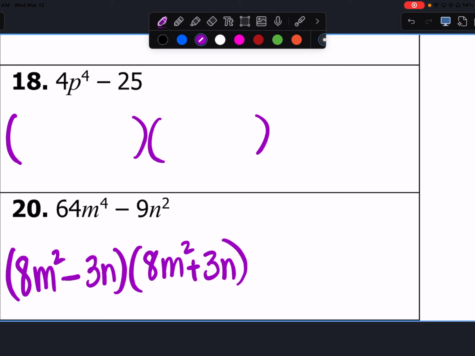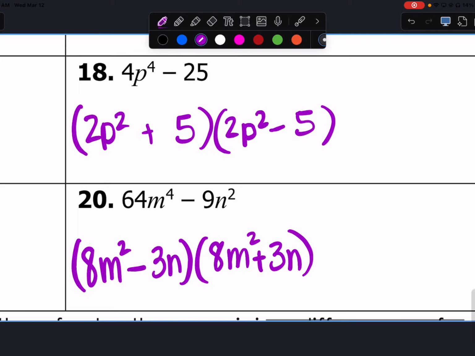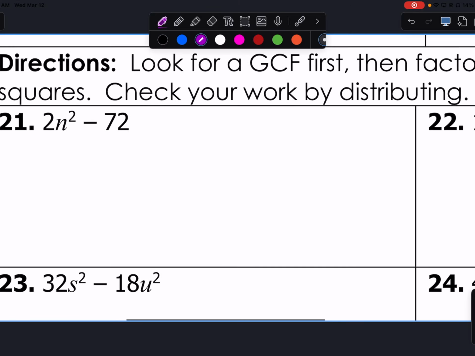What squares give us 4p to the 4th? What squares to give us 25? What signs do I need? Here we go. Now I want us to look at number 21.